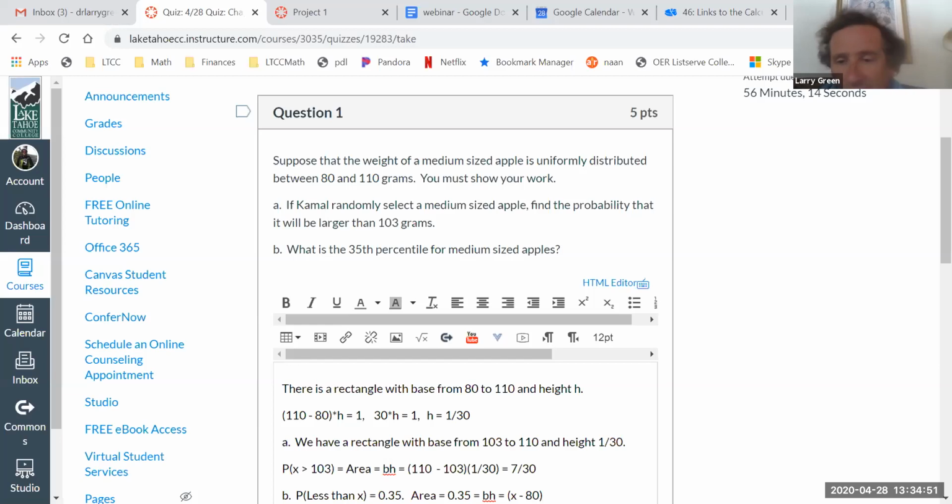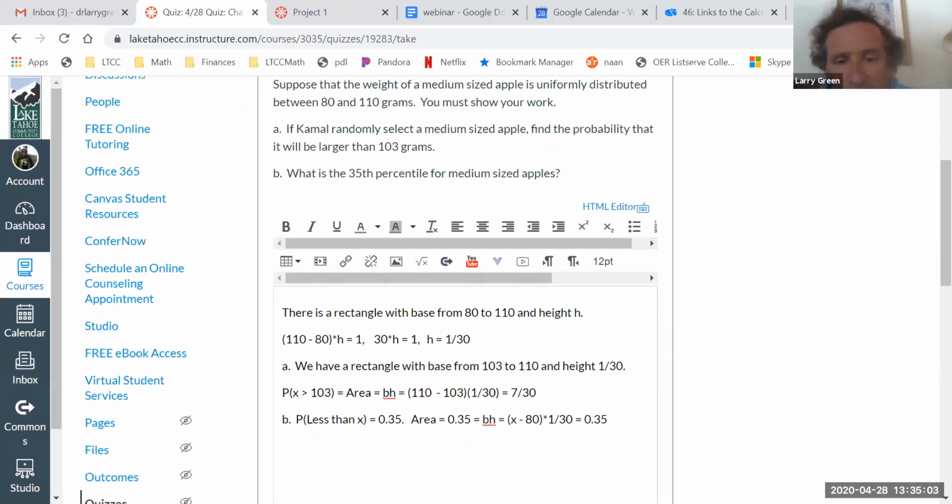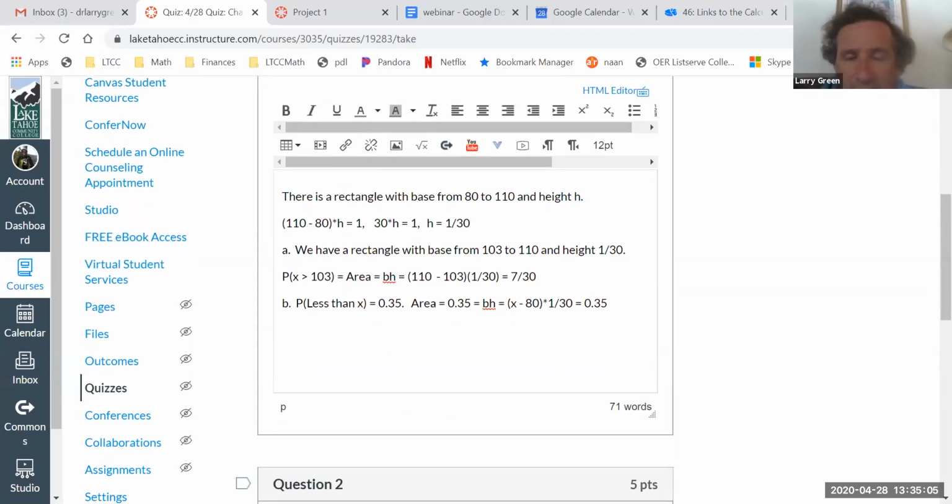The left-hand side is 80, and the height is 1 over 30. And let me just rewrite, equals 0.35.